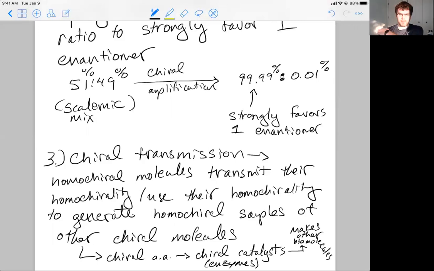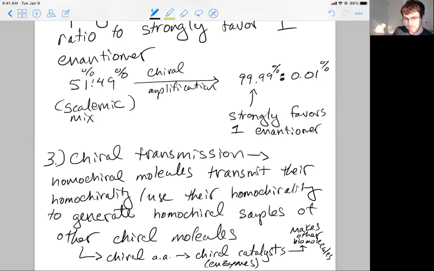So it makes other biomolecules. And it's this process of using chiral amino acids that are now single enantiomers because we amplified the chirality, the nature that we're only going to see one enantiomer. We amplified that up so that it so much strongly favors one enantiomer. Then we built catalysts out of these.